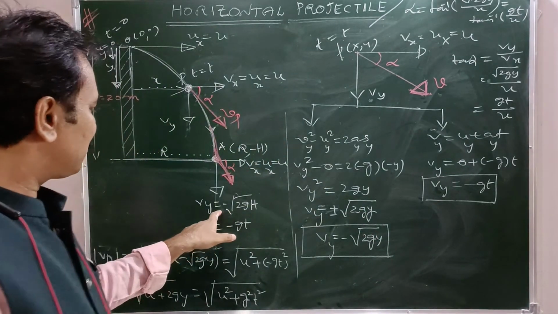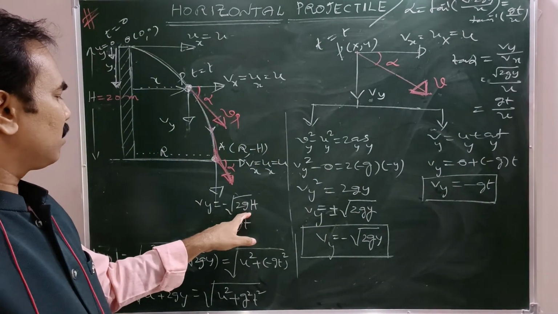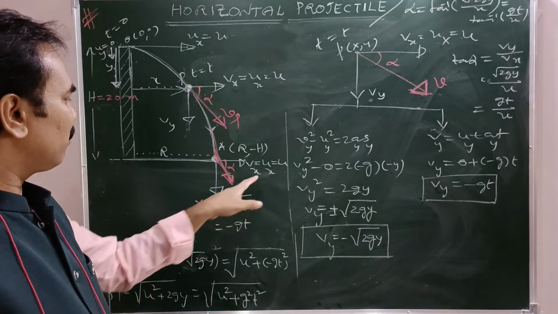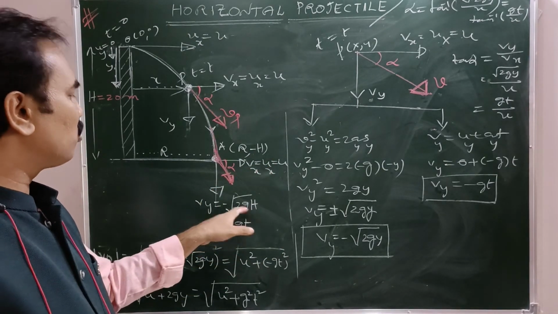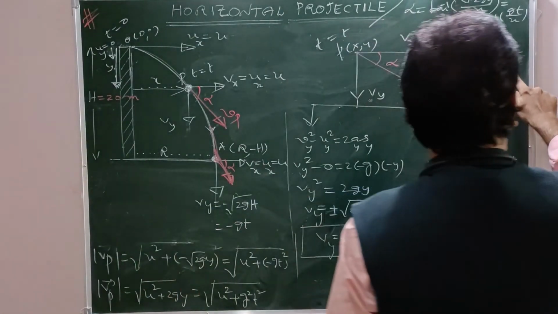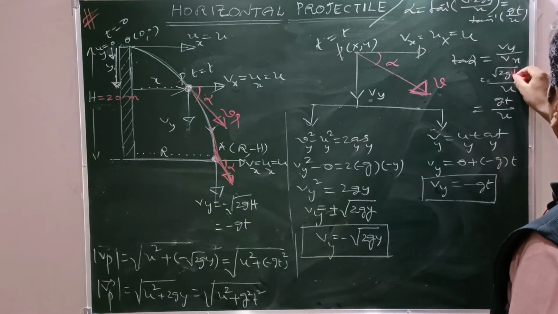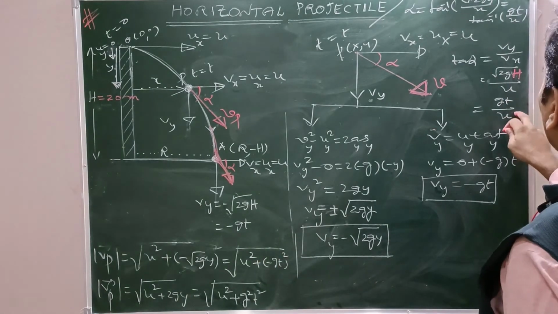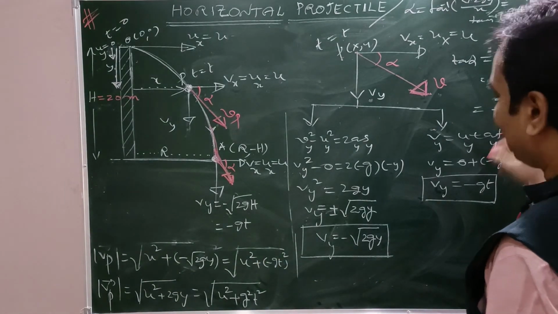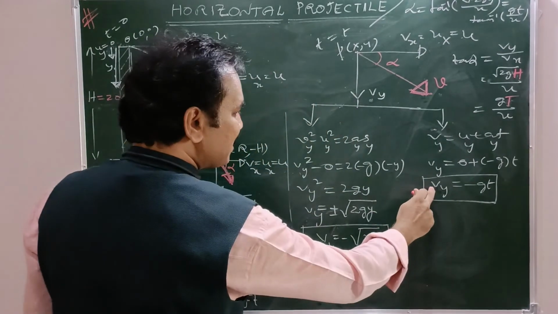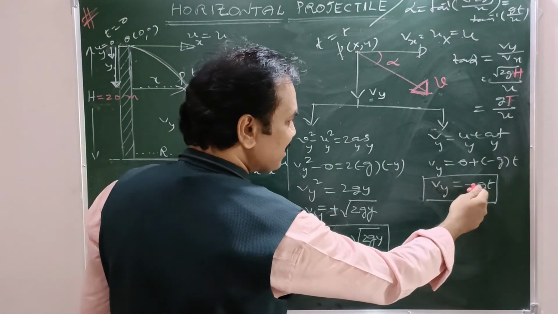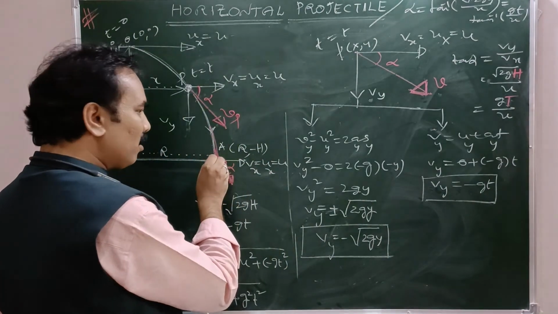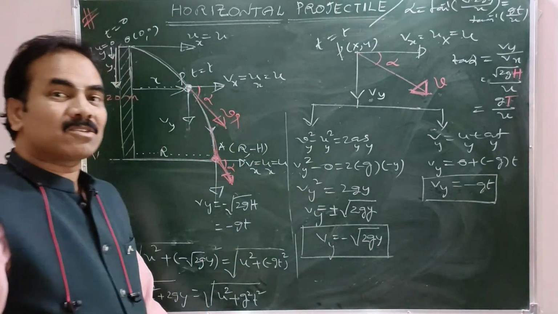Vy means minus root 2gh, Vx means u, where Y becomes h. So tan alpha is root 2gh by u, or the second form, g times capital T by u. In the second form Vy is minus g into t. If the point lies on the ground, small t becomes capital T, the total time of flight.